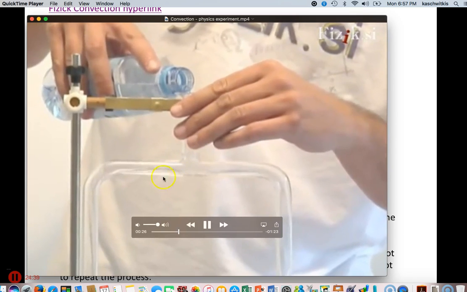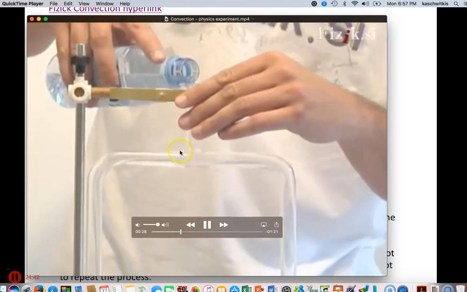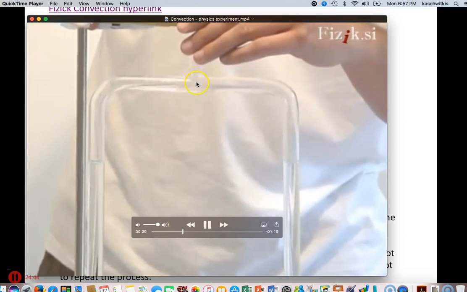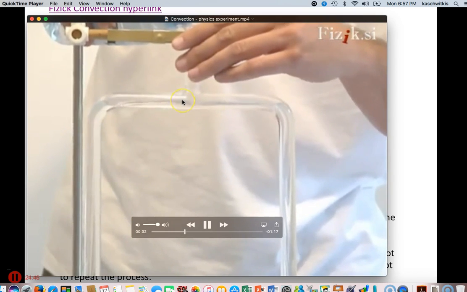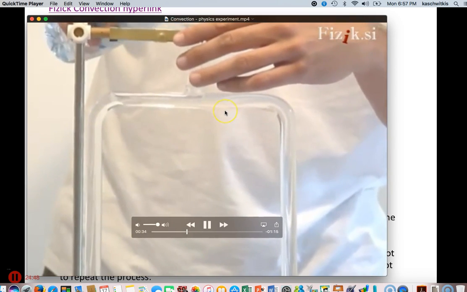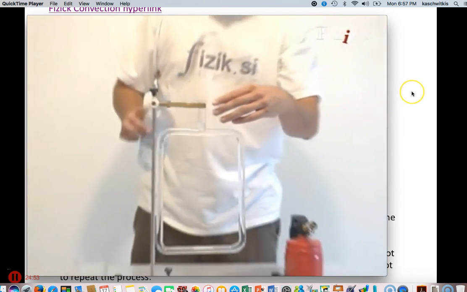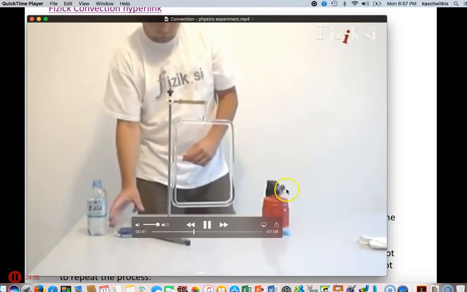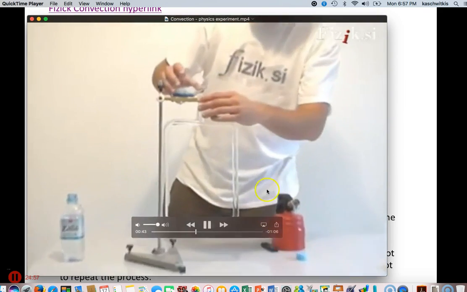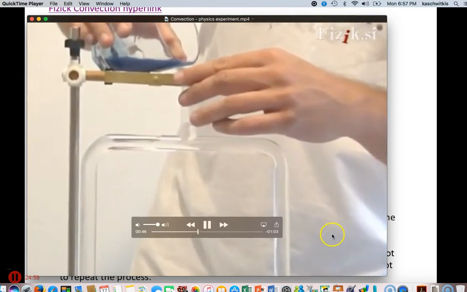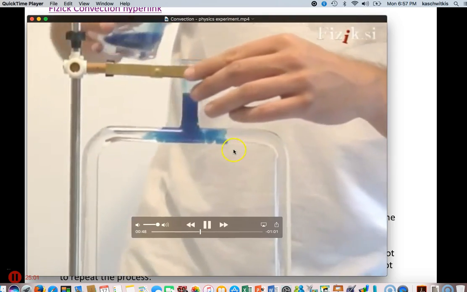When they zoom in on the food coloring, I want you to notice how the food coloring is actually moving already. You can see it sort of tenuously moving about. He's going to take this flame here and heat up one side, causing this whole thing to move.